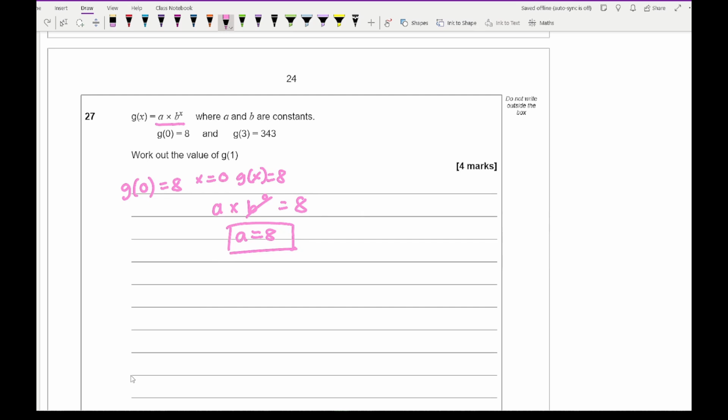So now that I know the value of a, I can work out part of the formula. I've got a times b to the x. Well, I know that a equals 8, so I've got 8 times b to the x. Now when x equals 3, g of x equals 343.